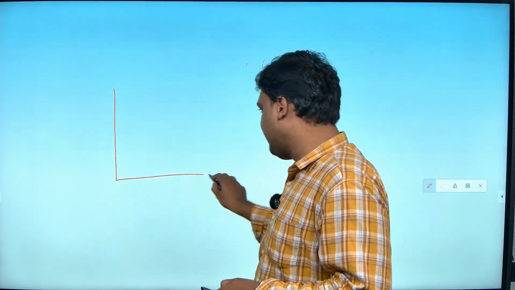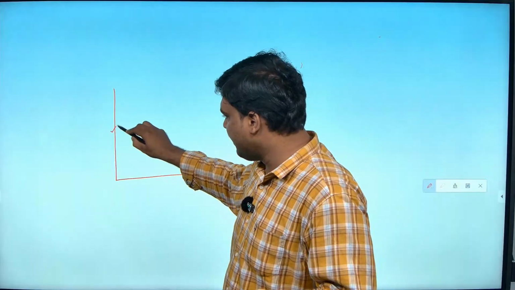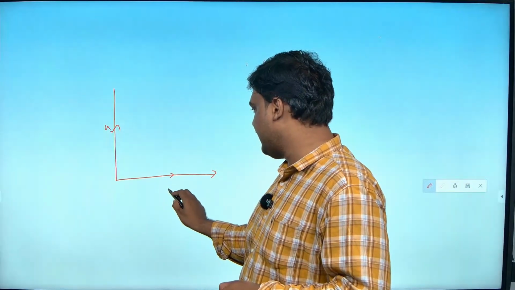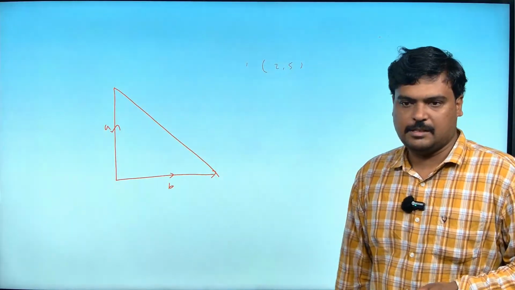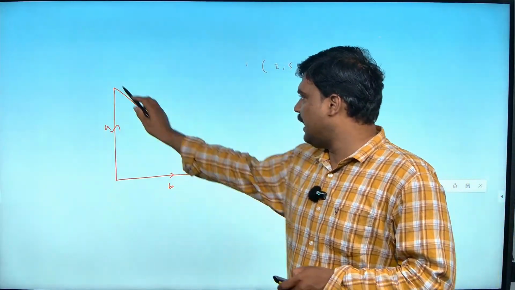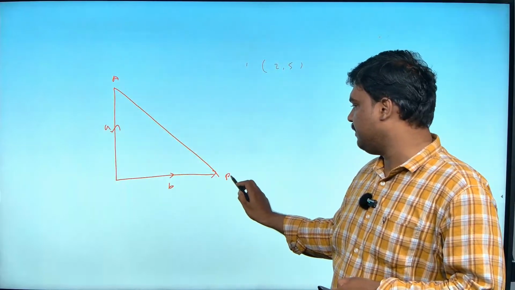Okay, if I have a vector here and if I have b vector here, so this is a and this is b.